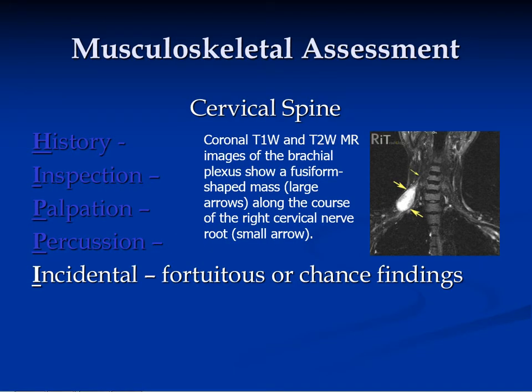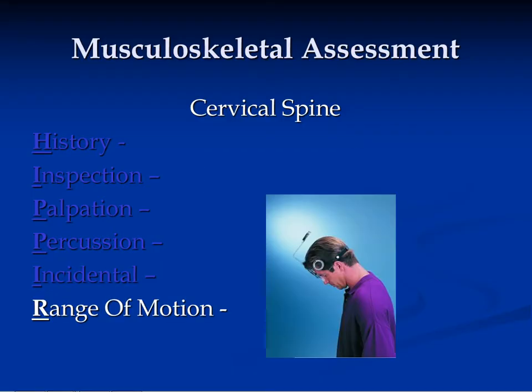And we also want to look for incidental, fortuitous, or chance findings, as is demonstrated in this coronal T1 weighted and T2 weighted MR image, which shows a fusiform shaped mass. Next, we want to measure range of motion of the cervical spine.